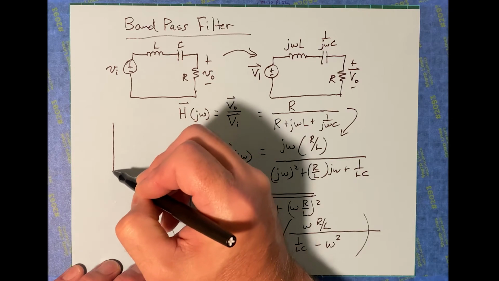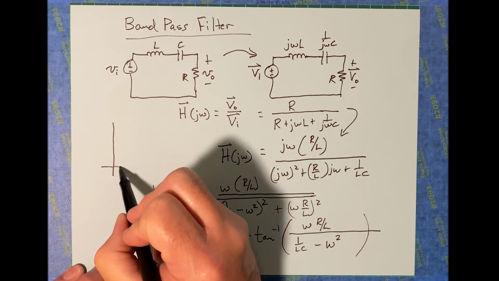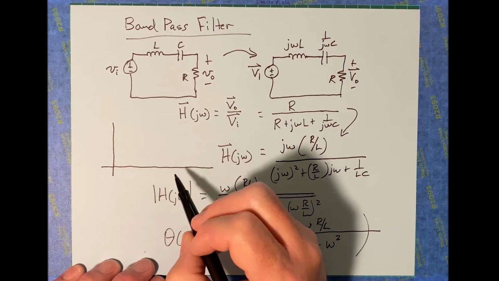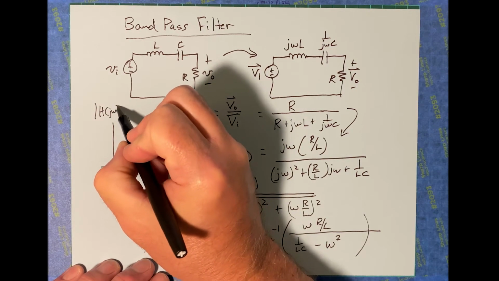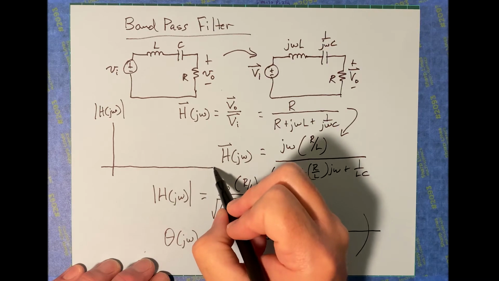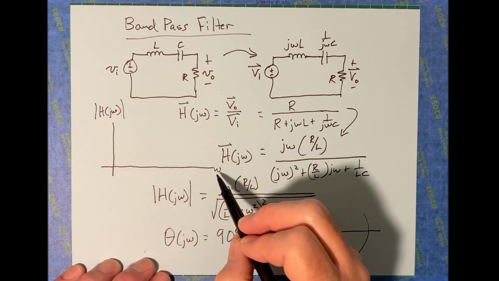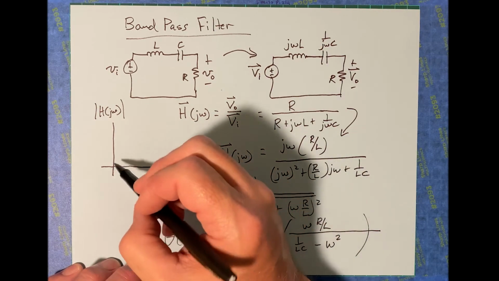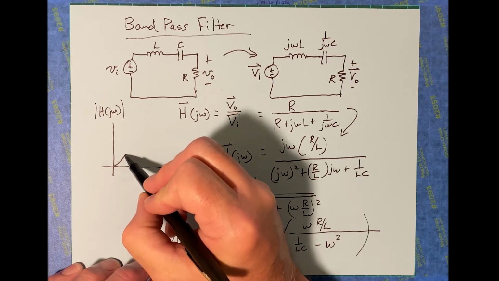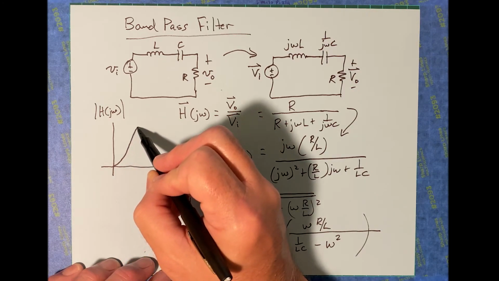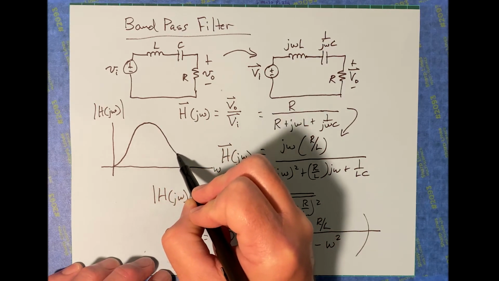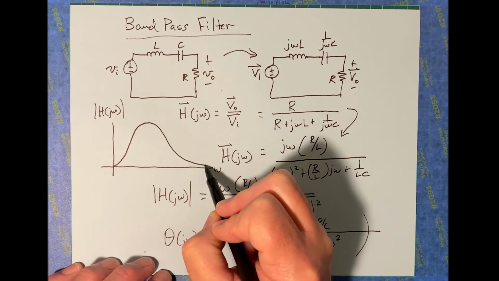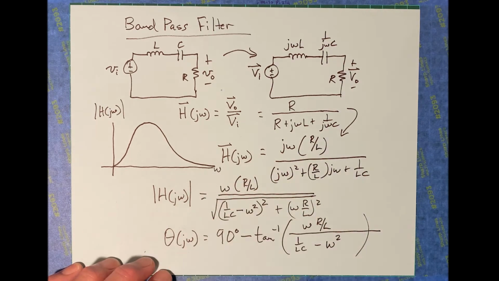You are then able to create a graph that is effectively the frequency response. And you can graph the magnitude versus frequency. And here's what it would look like. It goes up like this, and then begins to move down like that. And it reaches 0 in the limit.